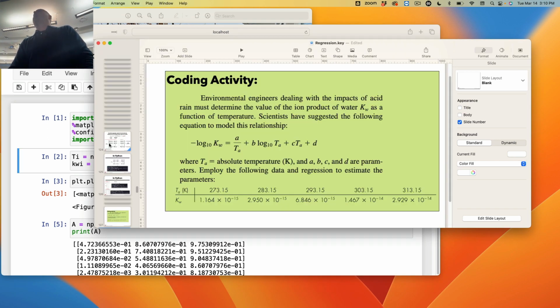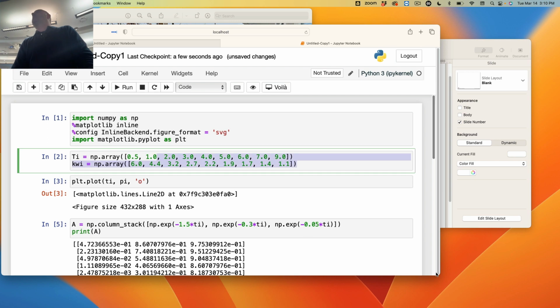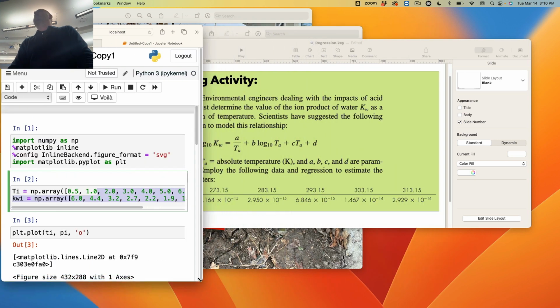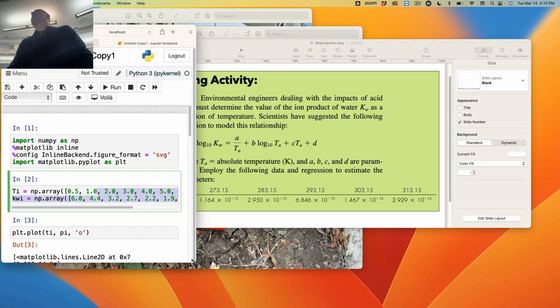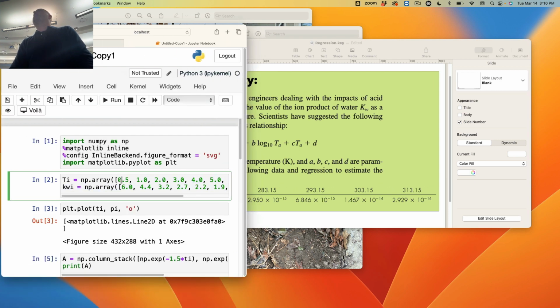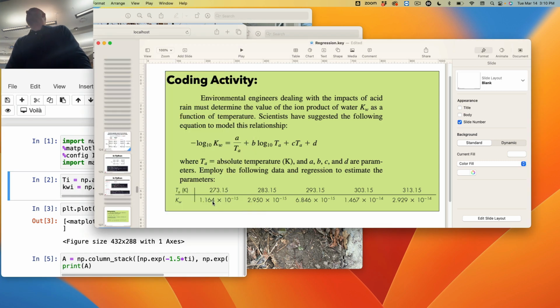So we have 273.15, 283.15, 293.15. I just noticed that they have the 0.15 in all of the data points. 303.15 and 313.15.